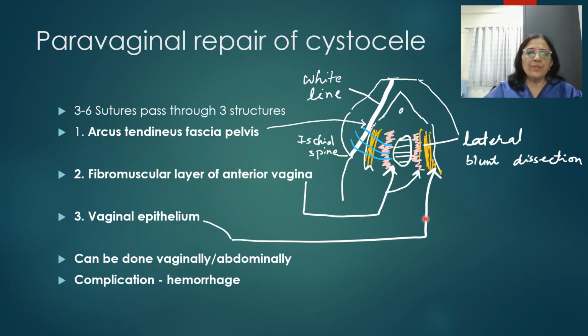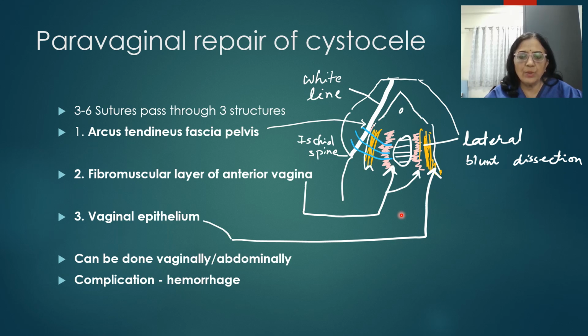Now, sometimes what happens is, in the majority of the cases, this cystocele is a central defect, central cystocele. But sometimes it is associated with a lateral defect also, where there is an absence of the lateral vaginal sulcus.